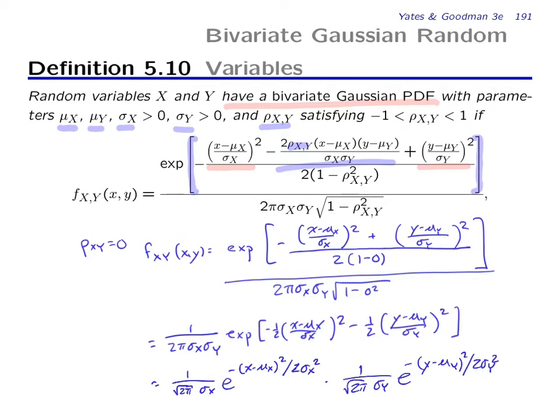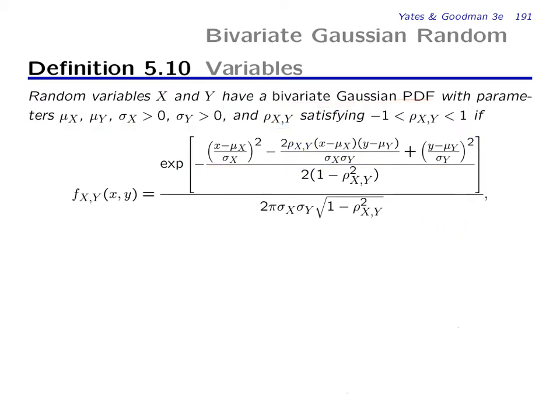And what we see here is that this is equal to a Gaussian PDF for x times a Gaussian PDF for y. And so what we see from this formula in the case of rho equals 0 is that x and y are Gaussian random variables with means mu x and mu y and standard deviations sigma x and sigma y, and independent.